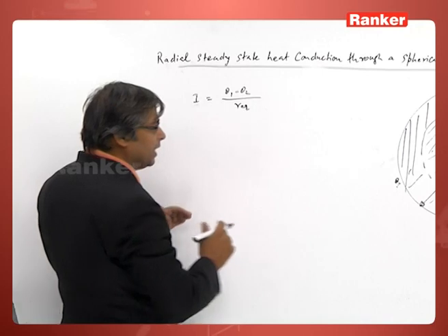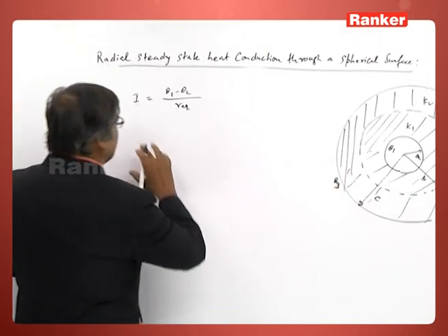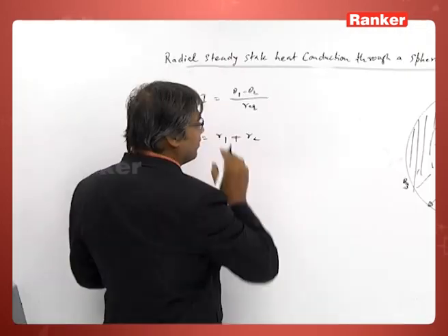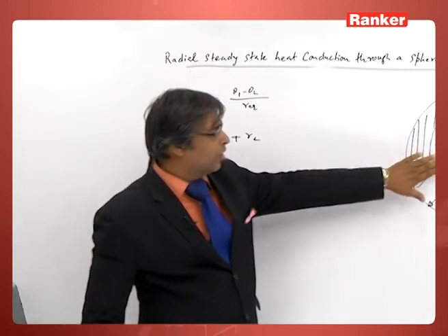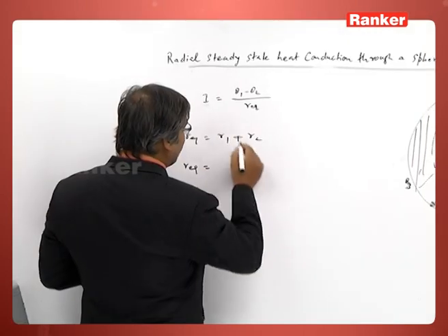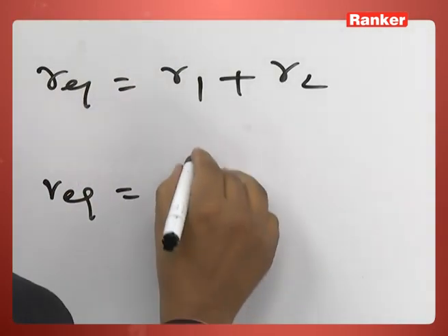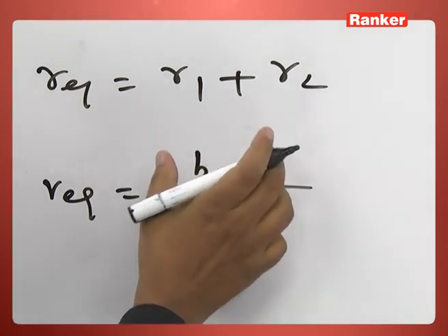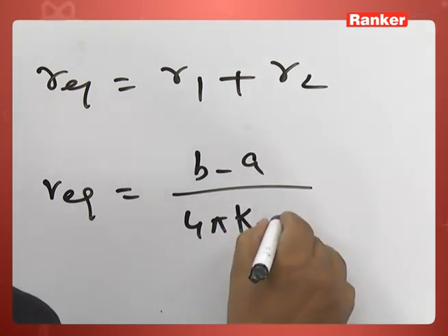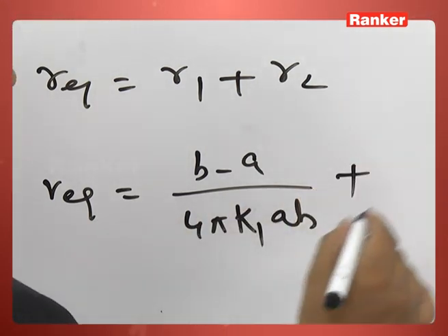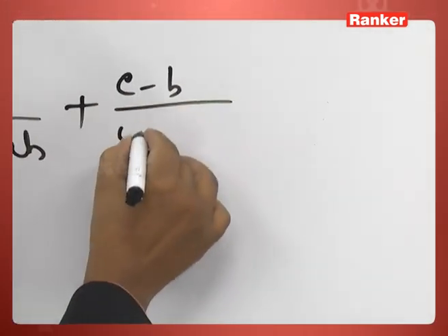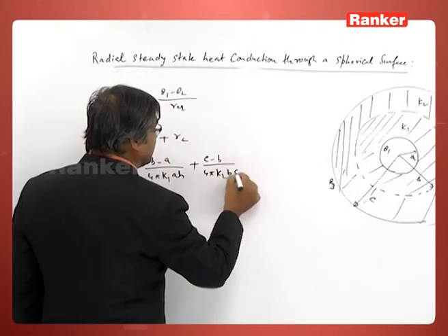Here, the R equivalent is equal to R1 plus R2, where R1 and R2 are the thermal resistances of these spherical conductors. So, R equivalent is equal to (B minus A), the radius difference, by 4 pi K1 AB, plus for this one it will be (C minus B) by 4 pi K2 BC.